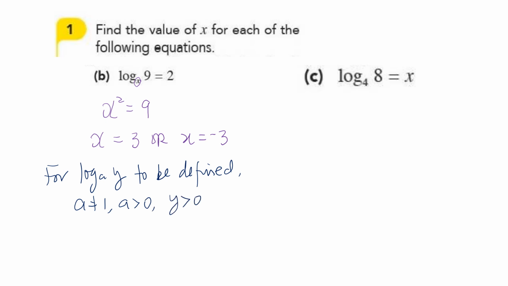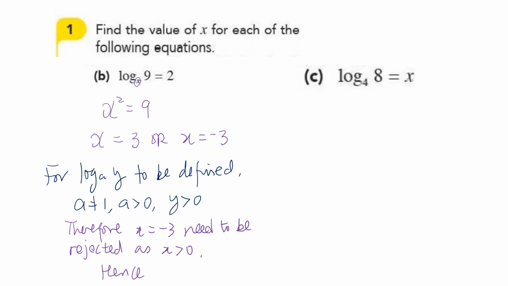So therefore, x equals negative 3 needs to be rejected. Hence the only answer you have is x equals 3. Okay, so this is my explanation.